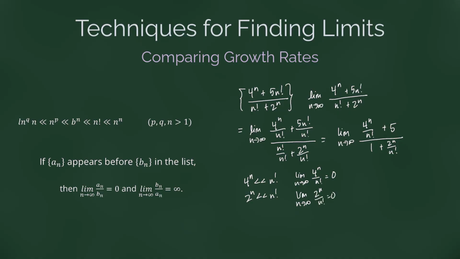So we can see that within our limit here, this piece is going to 0, and that piece is also going to 0, and so we end up with 5 over 1, which is, of course, 5.